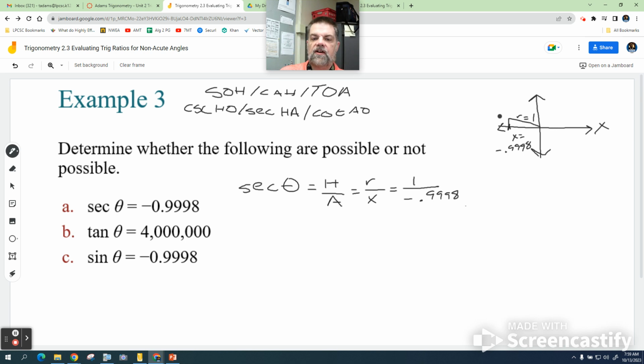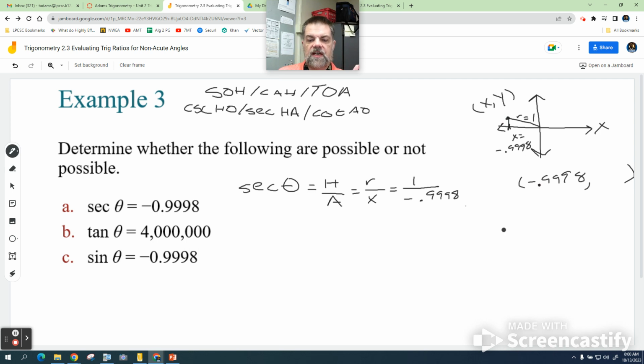Okay? Do I know what the y value is? And remember, this point right here is just my x, comma, y. But I know that my x value would be negative 0.998. Oh, I think I got one more 9 in there, right? And then I've got to figure out what my y value would be.